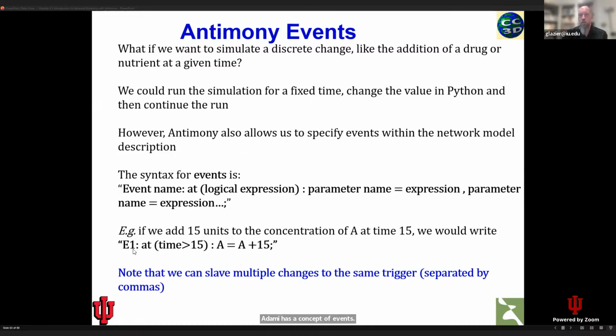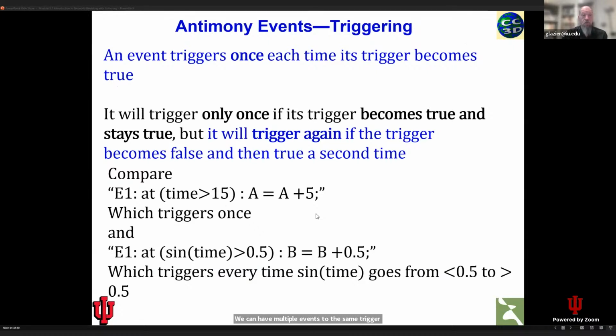Event name, E1, colon, at, then the event condition, for example, time greater than 15, colon, what happens? A increases by 15 units. We can have multiple events slaved to the same trigger. We're not going to use events much inside of CompuCell, but they're useful to know about.